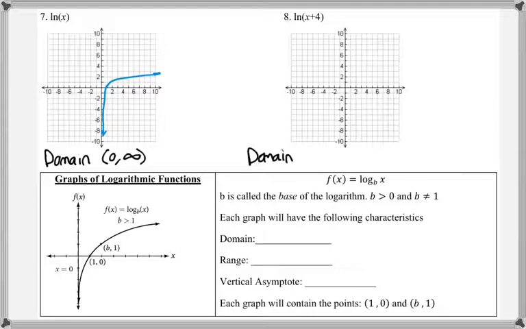And then I want to do ln of x plus 4, and this is going to be like this.